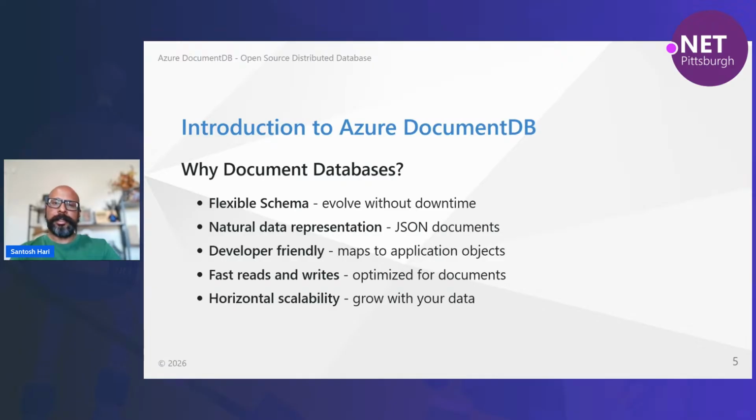The performance is great because it doesn't have to do joins, so that makes it pretty fast. All the reads and writes are just point reads and writes, which makes it super optimized. Scalability, because these are documents, as long as you can properly partition them, you can spread across multiple nodes, which makes it almost infinitely scalable.